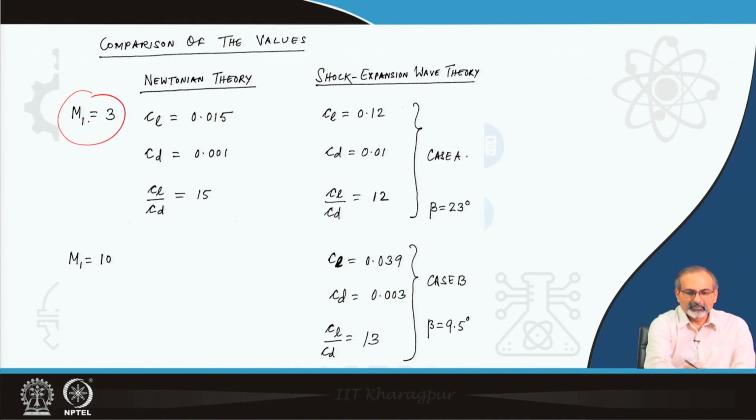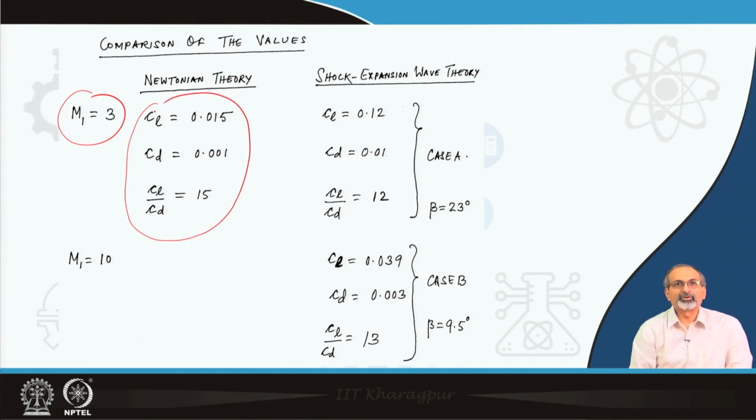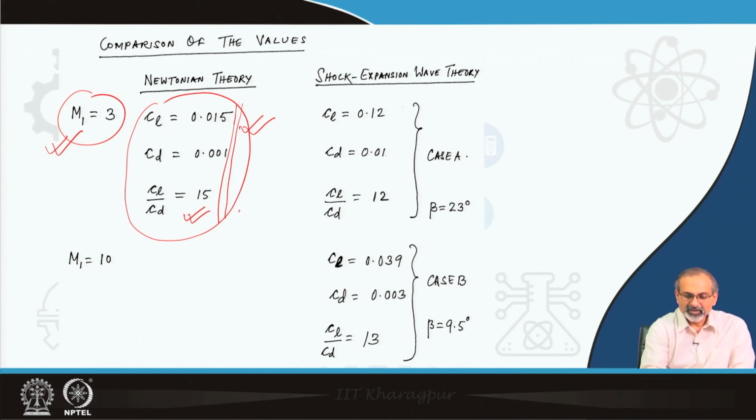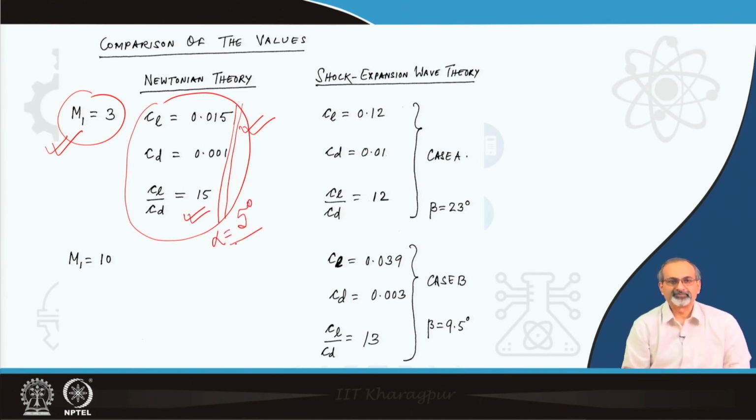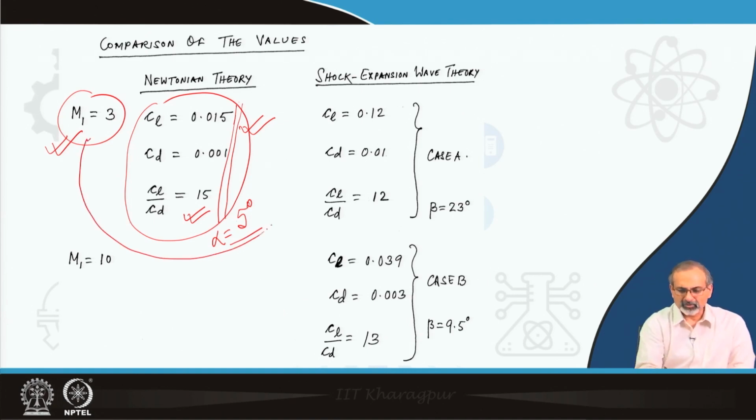So, at Mach number 3, the CL and CD using the Newtonian flow results, of course, which has no connection with the Mach number, it is independent of Mach number, gives you values of this order, 0.015 and 0.001 for CL and CD respectively, giving you a CL by CD ratio of 15, which is purely based on the alpha or theta of the plate, and therefore, the Mach number is relevant only when you look at the shock expansion wave theory.